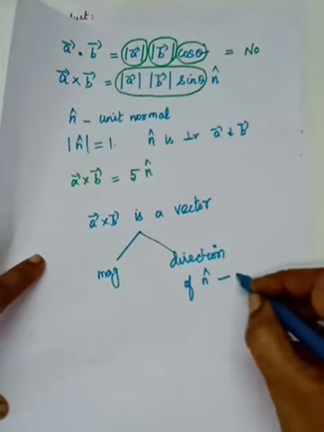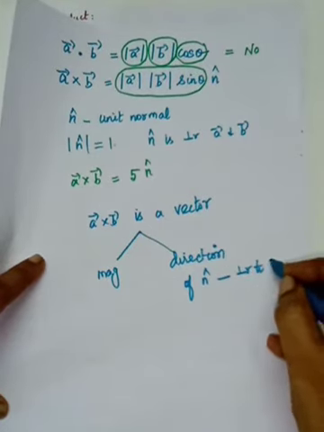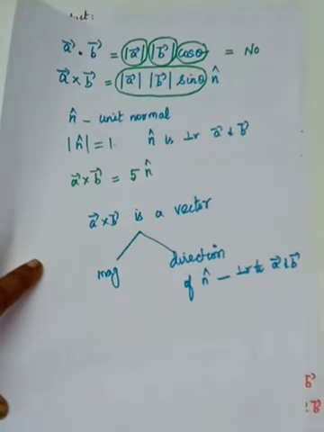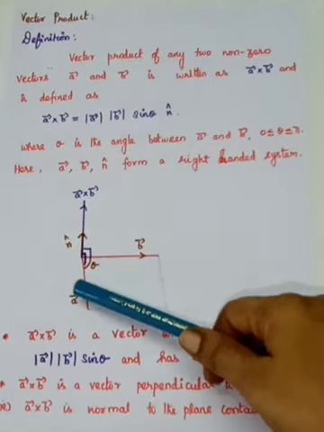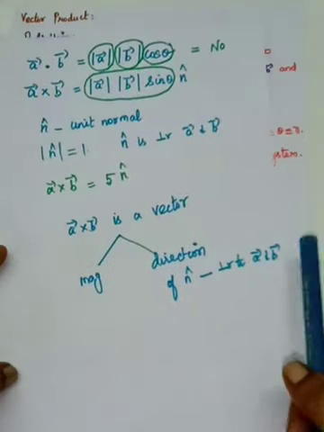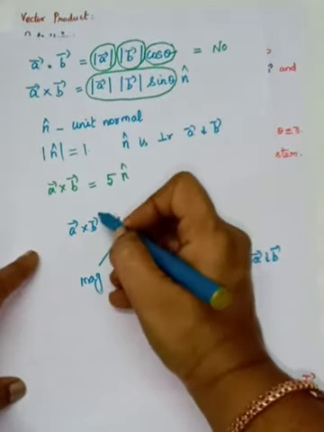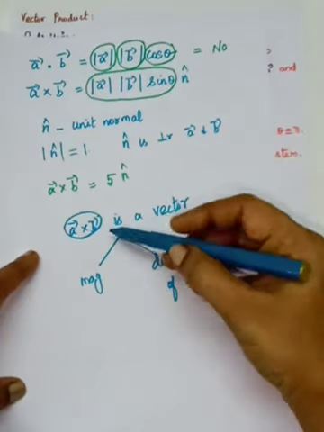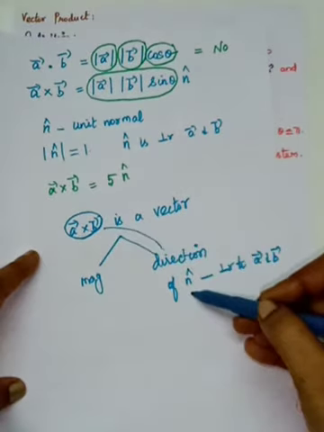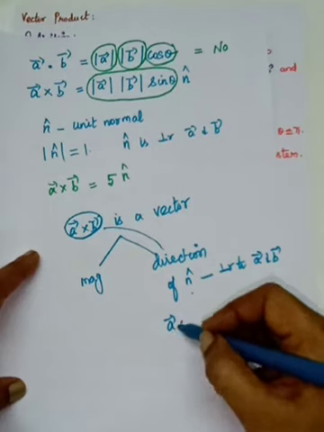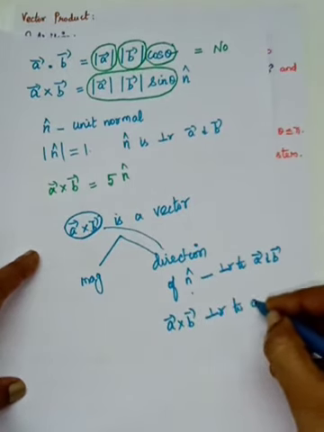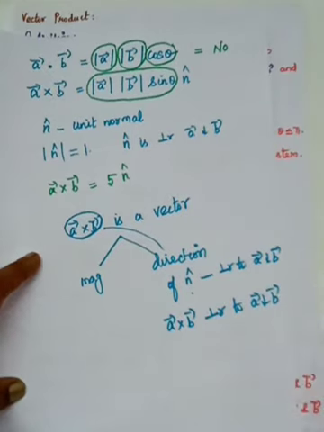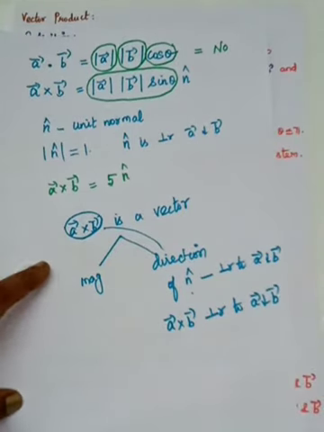N cap is perpendicular to A vector and B vector, as I have shown here. So your A vector cross B vector is also in the direction of n cap, and is perpendicular to A vector and B vector. Okay, so we have completed the direction of A vector cross B vector.